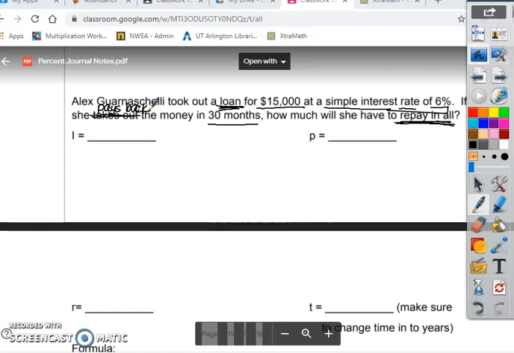So she's getting it loaned to her, borrowing it. So she's going to have to pay it back, the full amount. So we have R and T. So loan, guys, hopefully you remember from our notes, that represents principal.